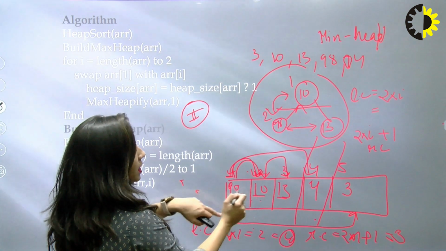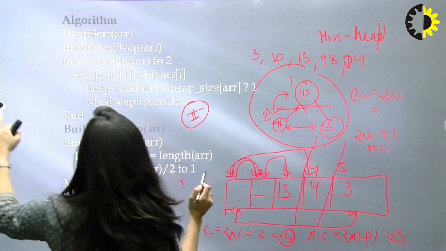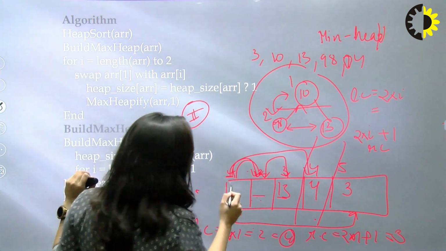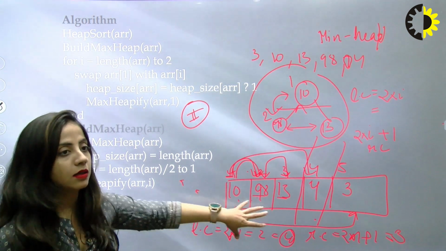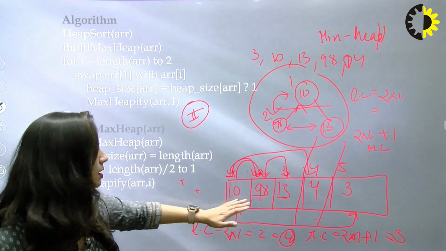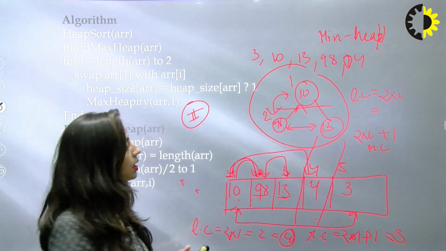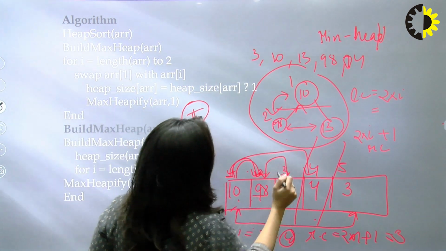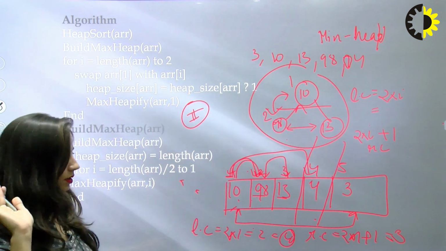Okay. Now my 10 will be replaced by this 98. Now the array represents that the left child is 98 and the right child is 13. I hope that's clear now. Now my array is this much, 1, 2, 3. It has only 3 elements. Okay.